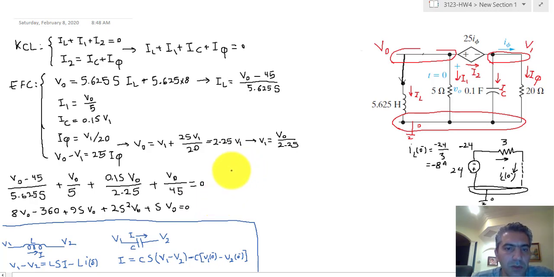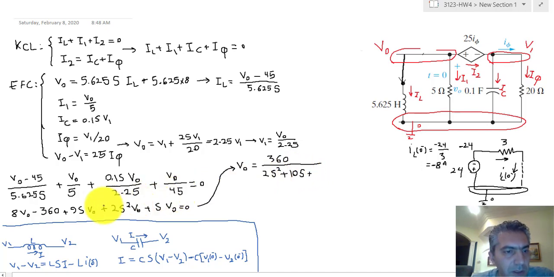So we're going to continue here. So from here, V out is equal to 360 divided by, so we have 2s², 2s to the power of 2, and then 1s and 9s right here, that's 10s, plus 10s.